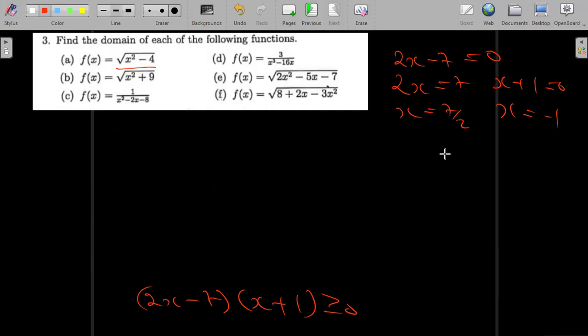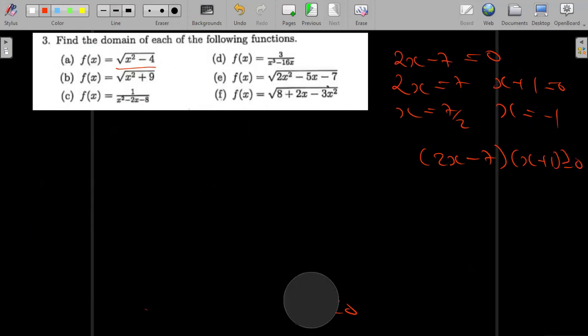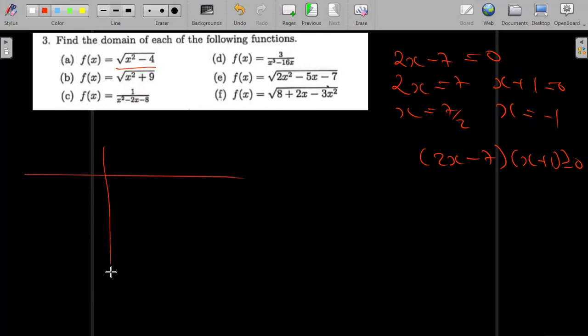After getting those critical points, I'm going to keep this here, x plus 1 greater than or equal to 0. Now we can set up our critical table. A critical table will have a section where we put our linear factors: 2x minus 7, and x plus 1.